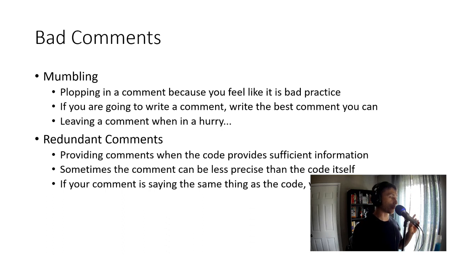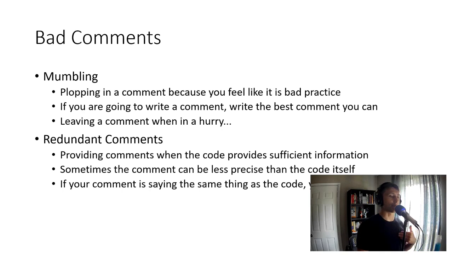Another one is providing comments when the code provides sufficient information. This was an example a few slides ago. I kind of argued it was the calculate average function. You probably don't need the comments there because everything is explained from the function name and the arguments being passed in.